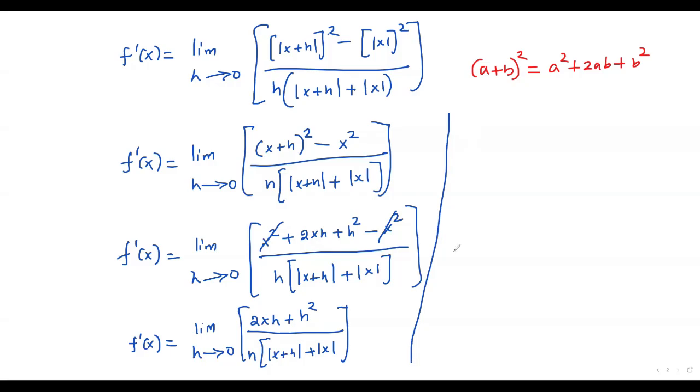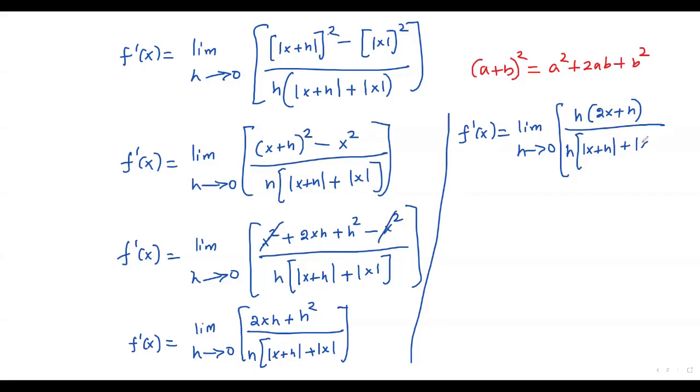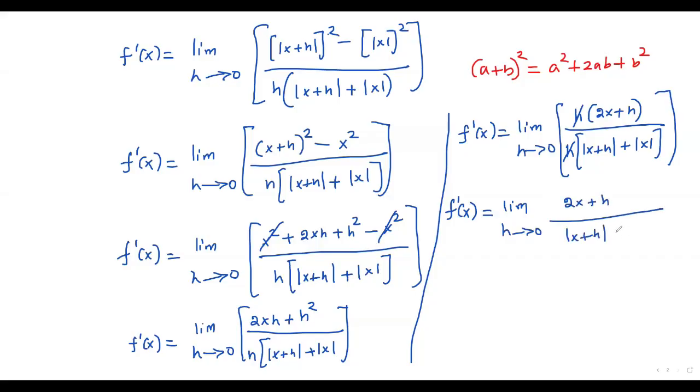If I factor h out, I get 2x plus h in parentheses, divided by h times the absolute value of x plus h plus the absolute value of x. The h and h cancel out. Then f prime of x equals the limit as h approaches 0 of 2x plus h over the absolute value of x plus h plus the absolute value of x. That's all the simplification we can do.